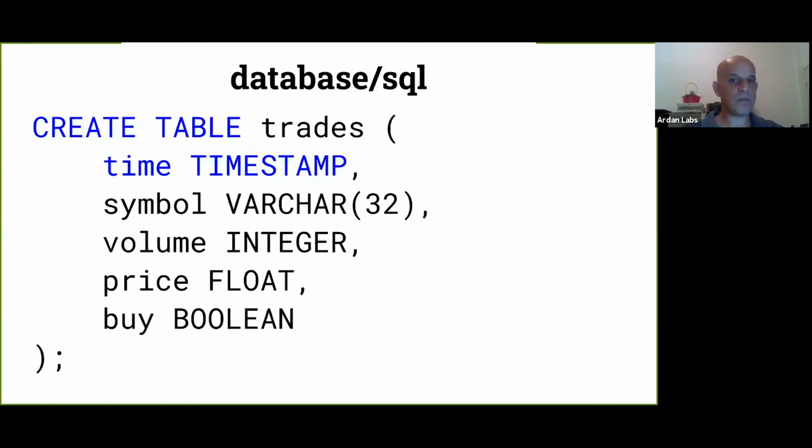Another format which is used a lot is SQL. Right, so SQL databases, they invented the notion of schema. And there you find columns. So I have a column of time, which is timestamp, and the symbol and the volume and the price and the buy. Database SQL is again inside the standard library, although the specific driver per database comes from external resources.